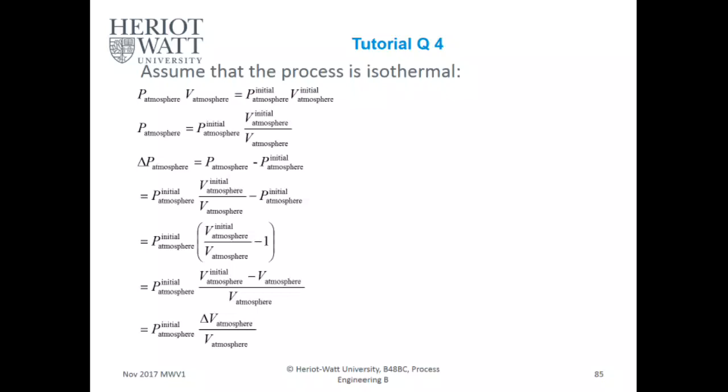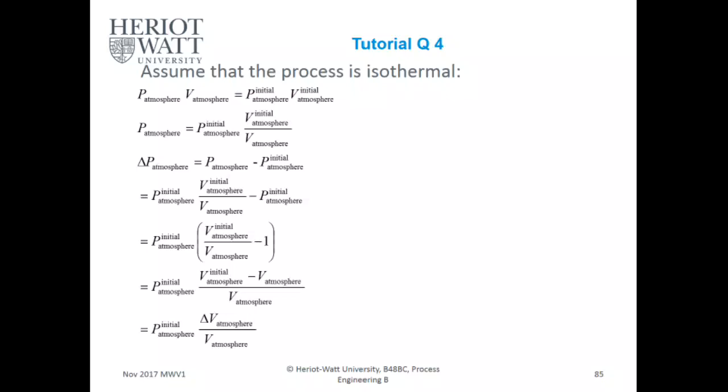So if you go through this, the pressure of the atmosphere equals the initial pressure times the initial volume over the actual volume of the atmosphere, so the whole universe, or rather the whole world. The change in pressure of the atmosphere equals the pressure of the atmosphere minus the initial pressure.